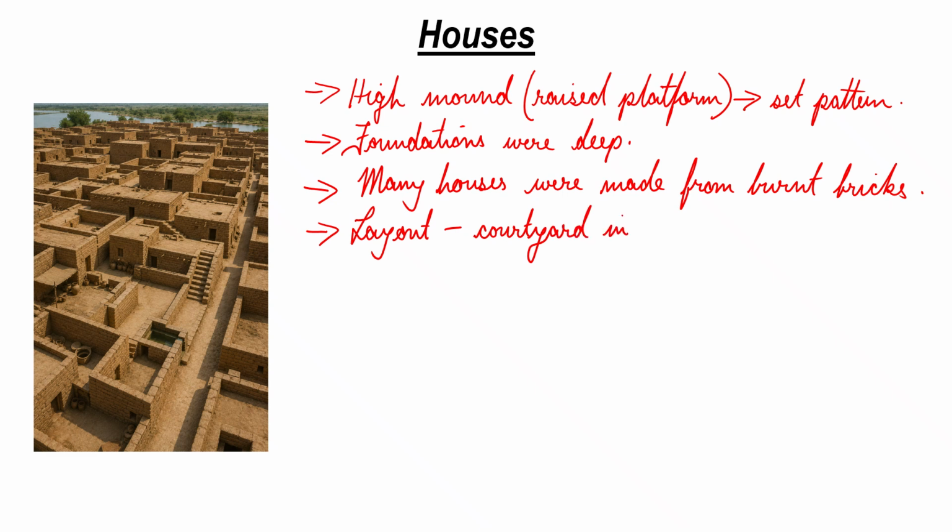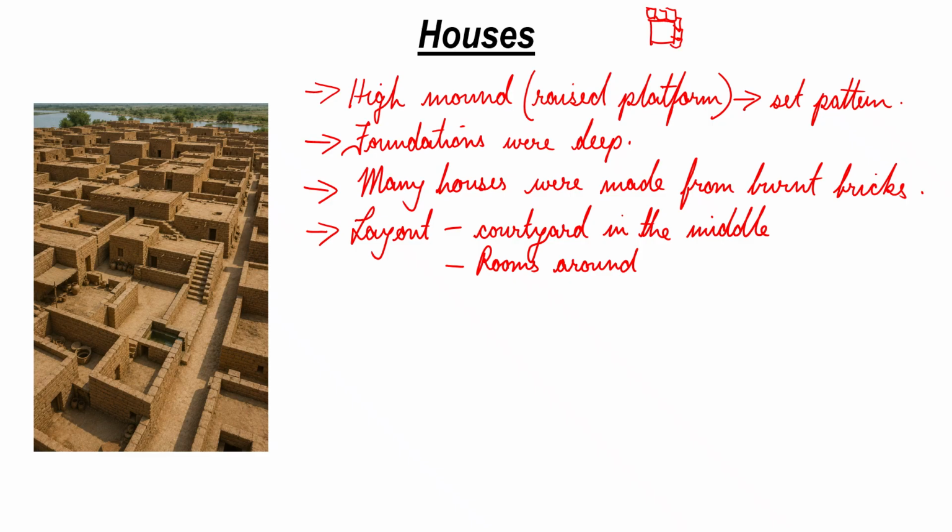So there was a courtyard in the middle, and rooms around it. So in the middle there will be a courtyard and there will be rooms around the courtyard. So this was the system of the house.